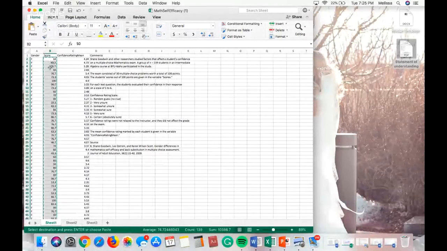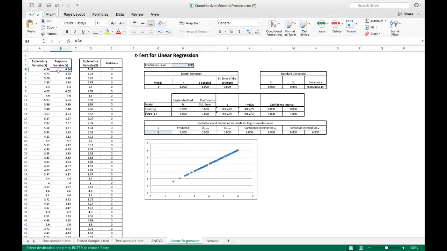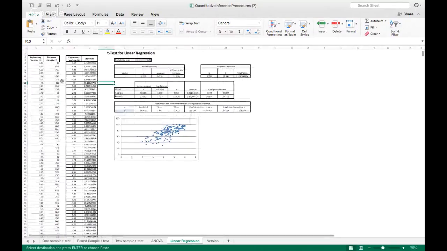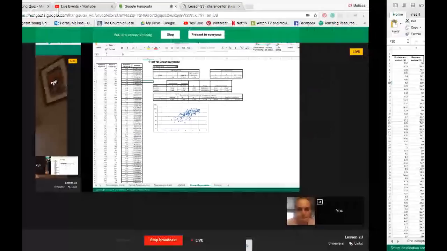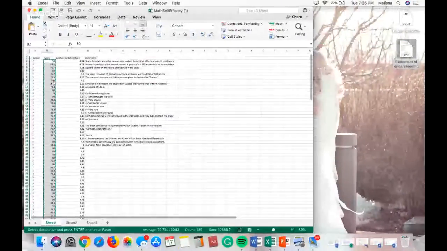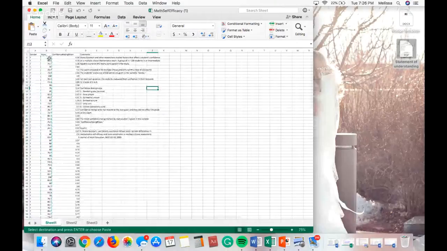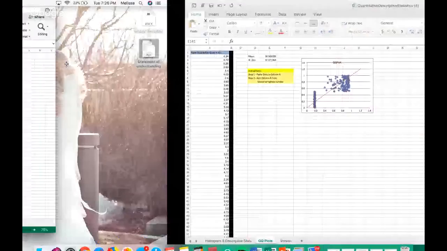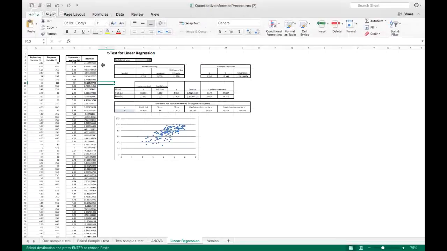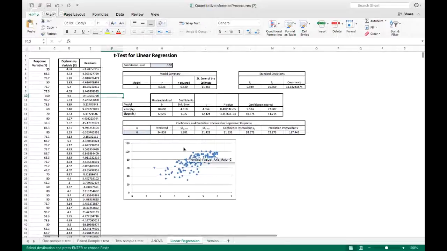Okay. Show me your first linear regression one. Okay, this is linear regression, but I just switched these because I'm not sure. Because I remember last time the x and y's were supposed to actually be changed. Like this was supposed to be y and this is x. I don't know if it still is that way. This is mine.